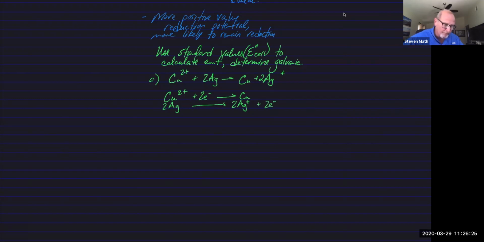Here's one where we had to double that second reaction. No problem. So we have these electrical potentials. The copper is going to be running at a positive 0.34, and the silver is going to be running at a negative 0.80. If we add those two up, we get a negative 0.46 volts. That's the voltage, or E cell, and this is going to be non-galvanic.